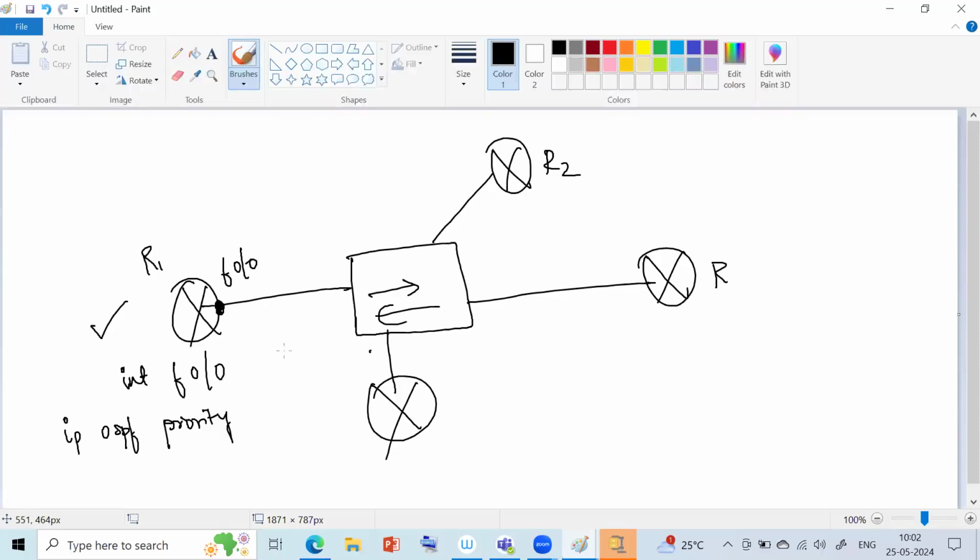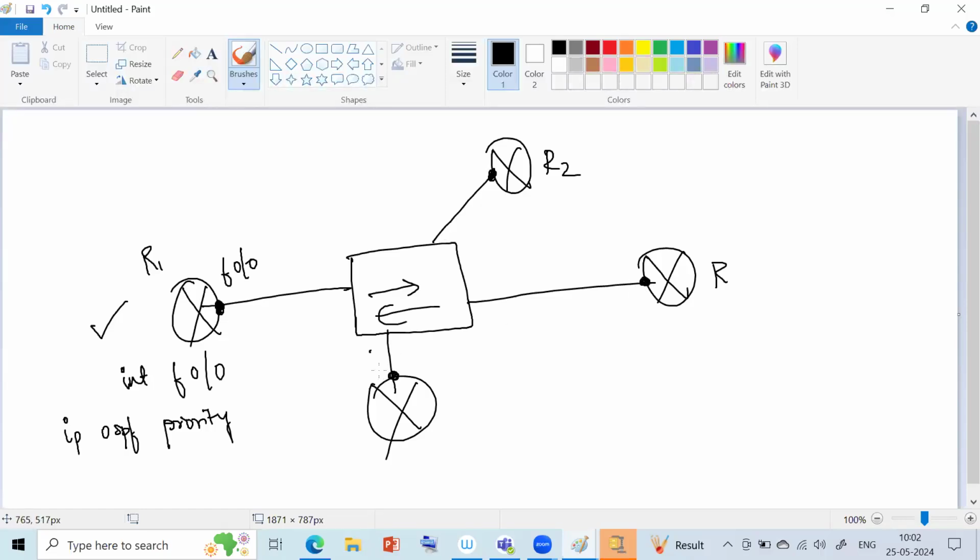By default, all the interfaces will be having the default priority of 100.